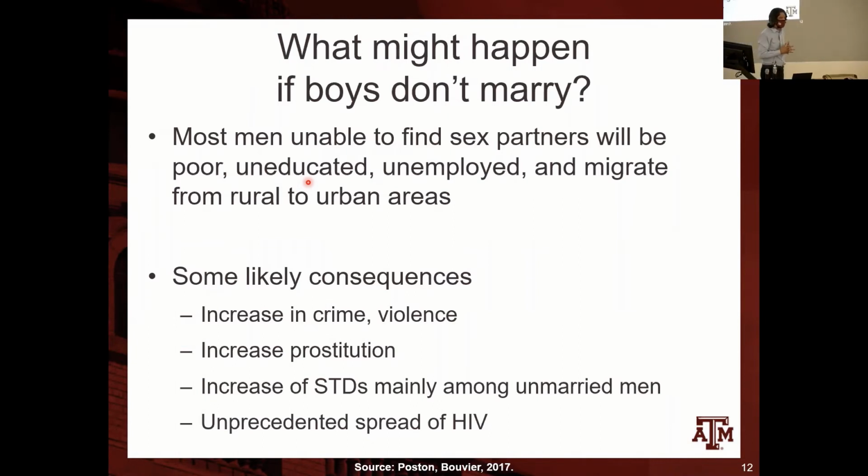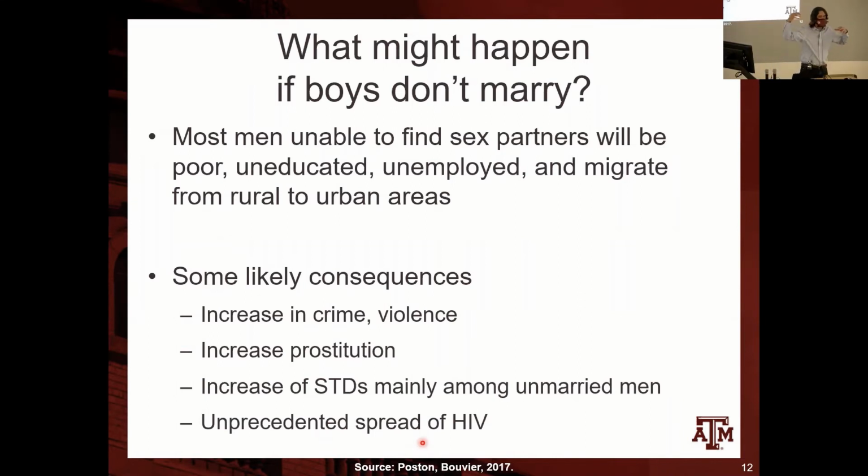And then in the book, there is some debate about what that could cause in the near future. Exactly because of them being poor, uneducated, and unemployed, it might be associated with an increase in crime and violence, an increase in prostitution, an increase in sexually transmitted diseases, mainly among unmarried men, and an unprecedented spread of HIV.